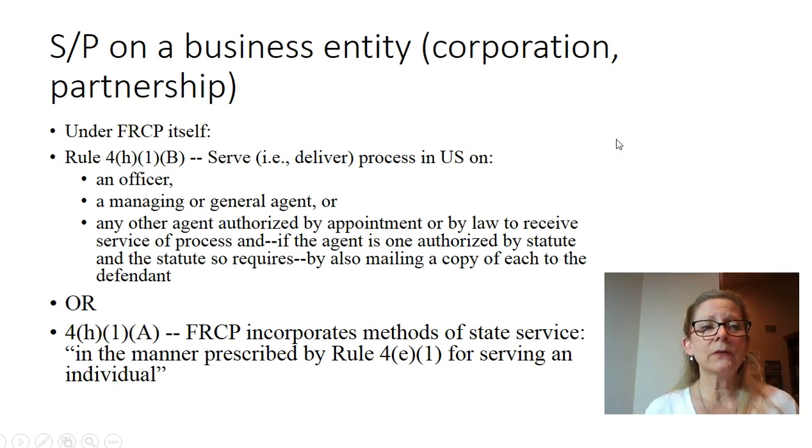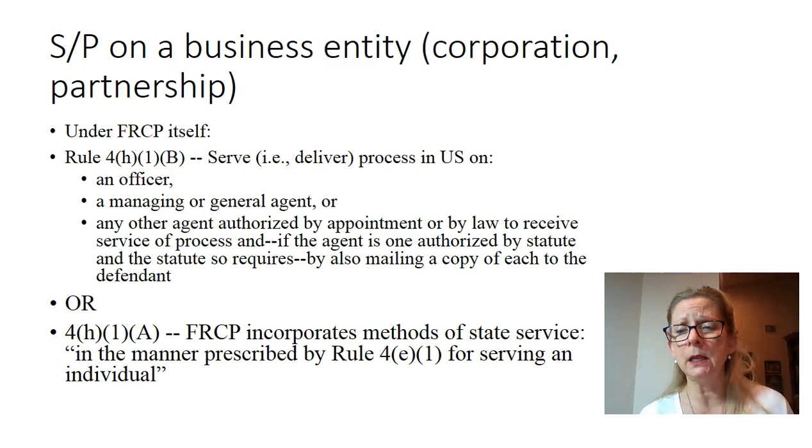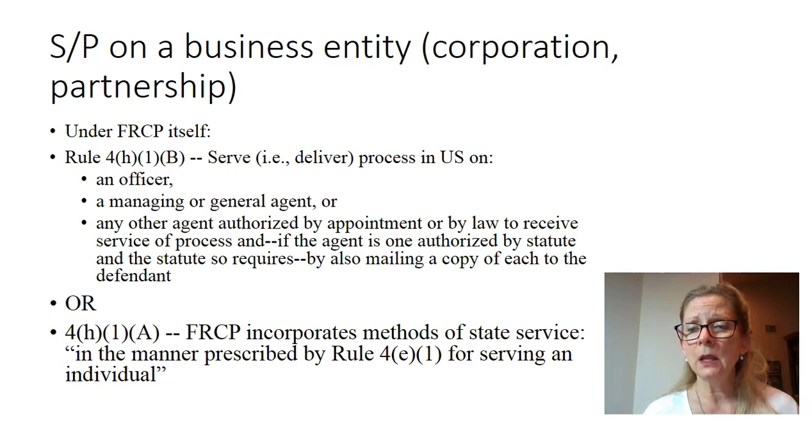Moving on to service of process on a business entity, like a corporation or a partnership, or indeed any entity that may be sued in its own name. We'll break this down as well between service that the federal rules of civil procedure explicitly allow for, and then the state service of process methods.